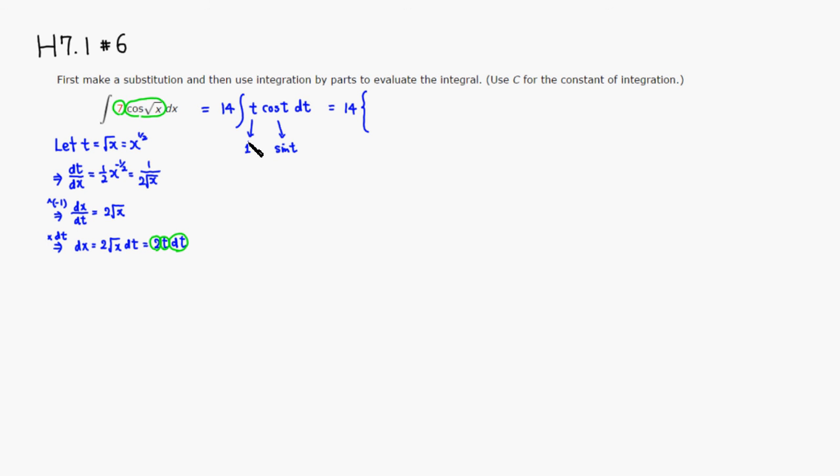Then integration by parts, multiply diagonally, and we get t sine of t, minus integral, and then we multiply sidewise, so it's going to be sine of t dt.